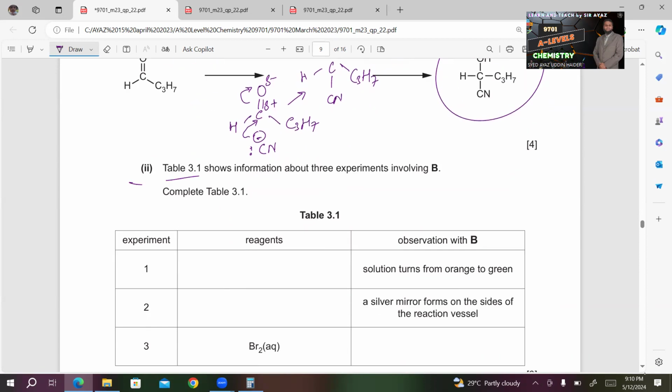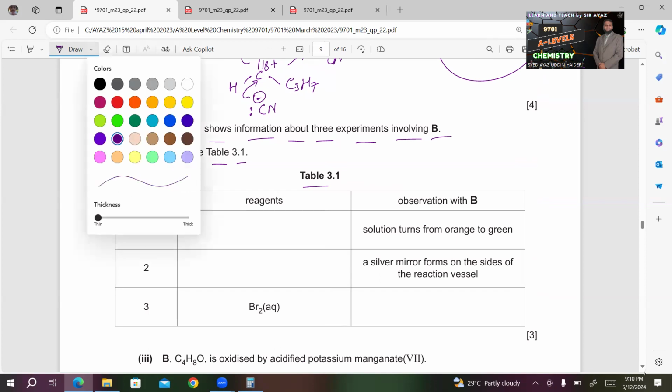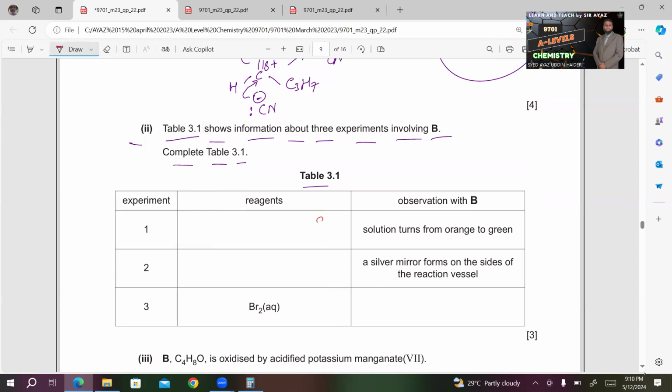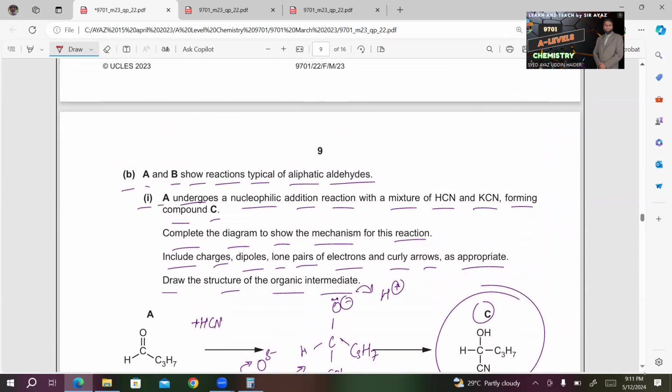Number 2, table 3.1 shows information about 3 experiments involving B. Complete table 3.1. So experiment 1. What must be the reagent here? We are asking about the reagent here. Solution turned from orange to green. This observation with B. What is B? B is aldehyde.